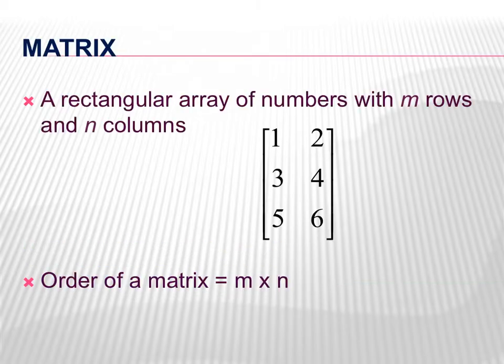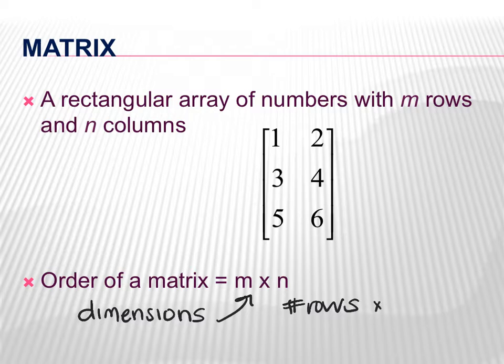So a matrix is a rectangular array of numbers with m number of rows and n number of columns. And you get something called the order of the matrix or the dimensions of the matrix, because you'll see those interchangeably. It's the number of rows, then a little x for by, then the number of columns. Just like you would say length and width as dimensions, we say rows and columns.